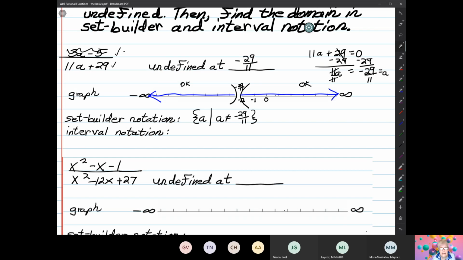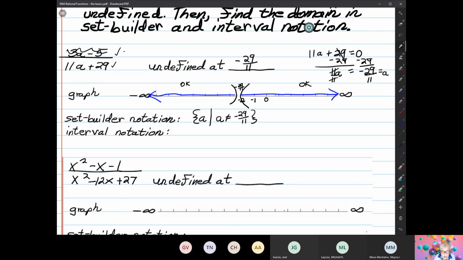On the other hand, interval notation I think is more fun. Notice the graph. Interval notation is based on the graph. All of these numbers are okay, and all of these numbers are okay.